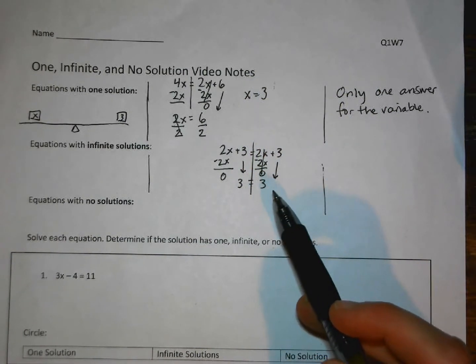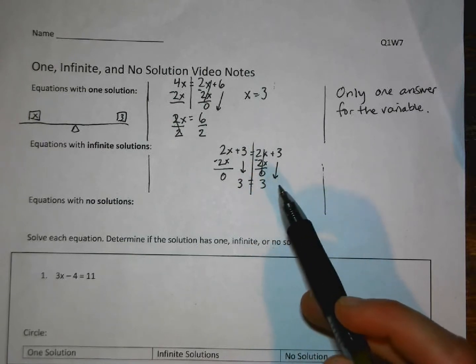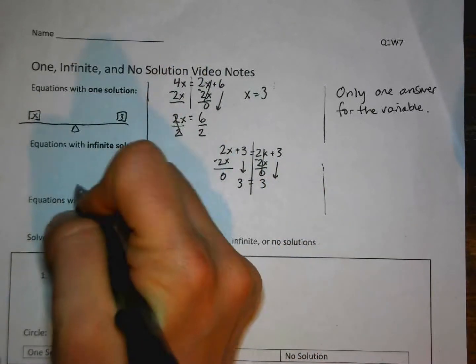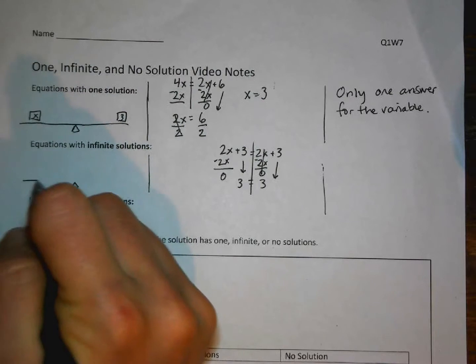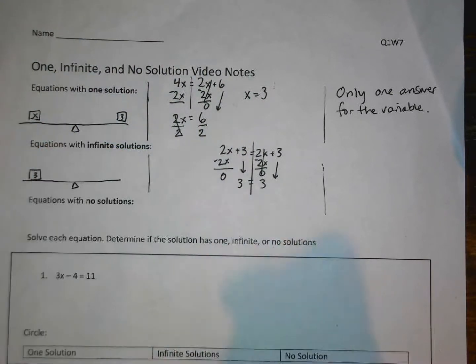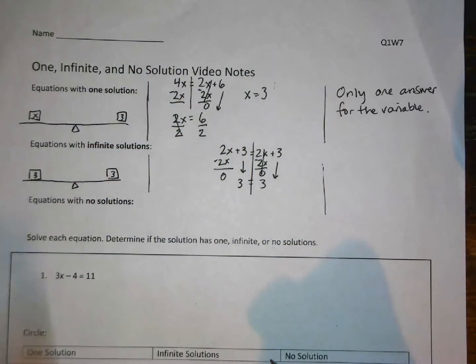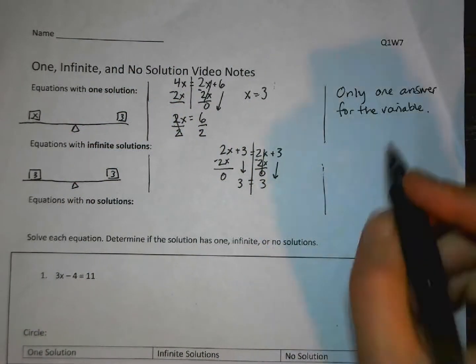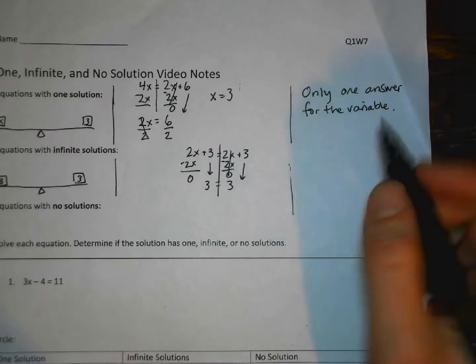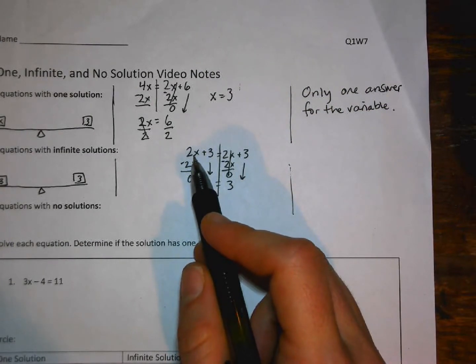And is that true? Yes, it's true, right? 3 equals 3 all of the time. So you could think of our scale over here having a 3 and a 3. And this is always true. So what happens is if we were to plug any number in for x, it could be 1, it could be 1 million, it could be negative 47.